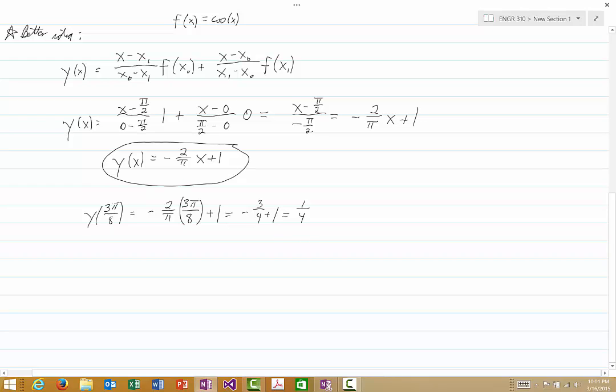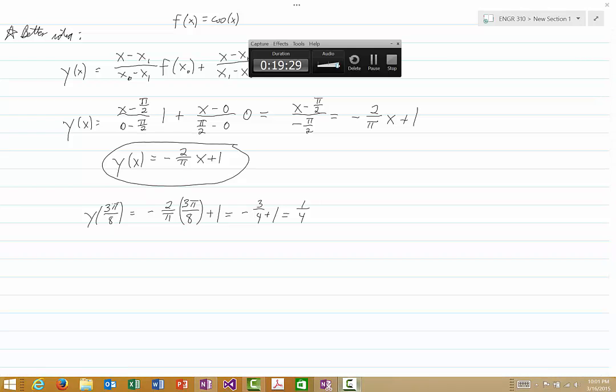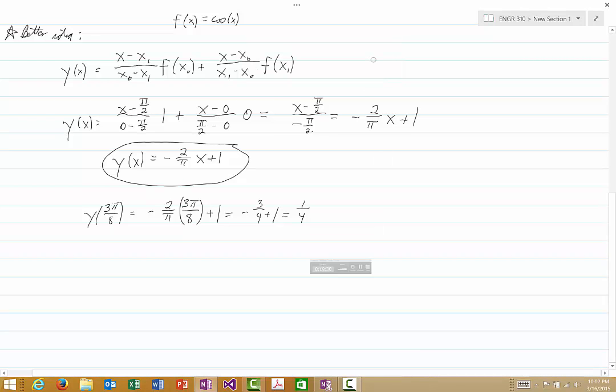Now, if you plug into your calculator, you will find that the actual value for cosine of 3 pi over 8 is equal to 0.382.